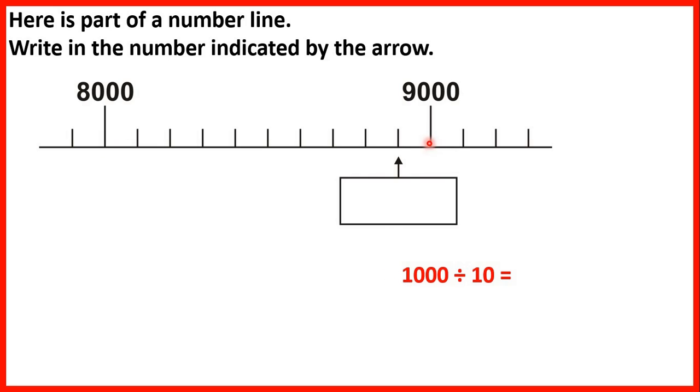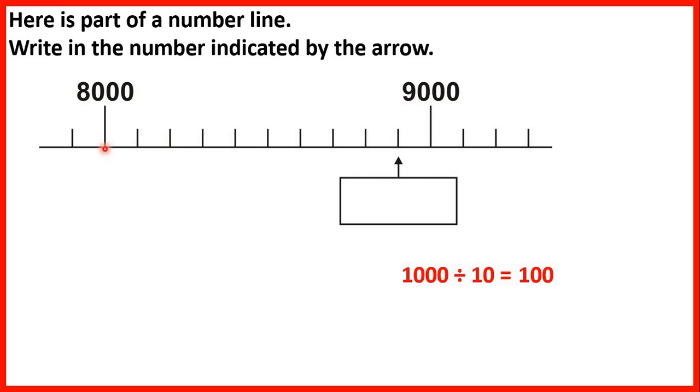8,000 plus 1,000 is 9,000. And we're dividing by 10 because to get from 8,000 to 9,000 we have 10 jumps. So 1,000 divided by 10 is 100. So that means each of these little lines represents an increase of 100.